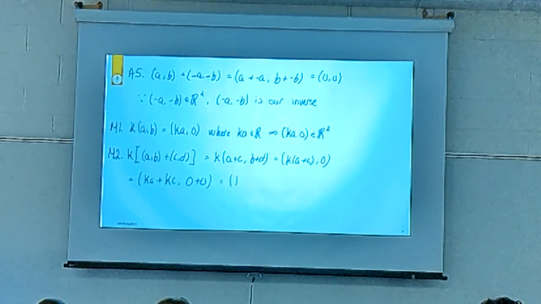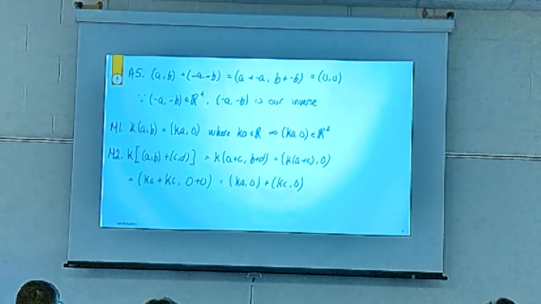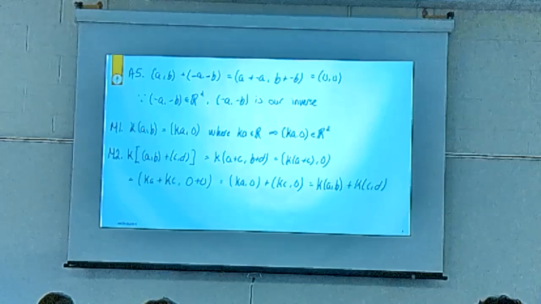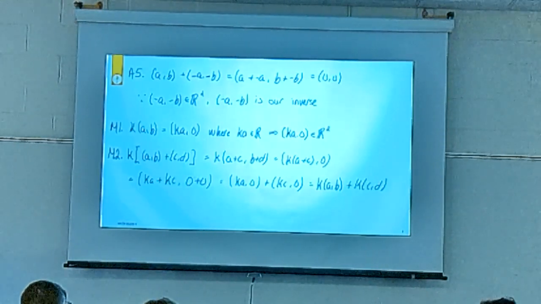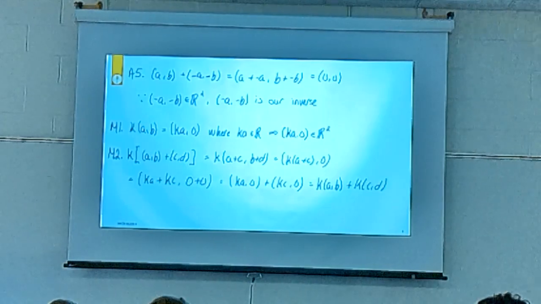Now look what we have, which by definition would be K times (A, B) plus K times (C, D). M2 has been established.